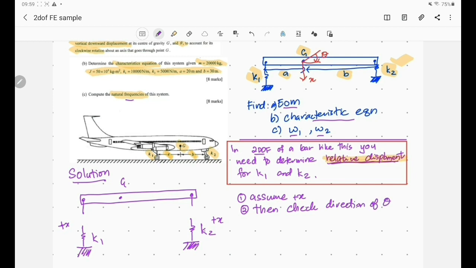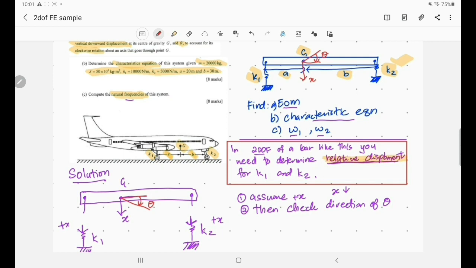Alright, so in this case, if I assume positive, that means your x going down is positive. So I draw this arrowhead like this, so that I get positive x. You remember relative displacement? You follow, because this direction x is positive. Then you check the direction of theta, because your theta is going clockwise.